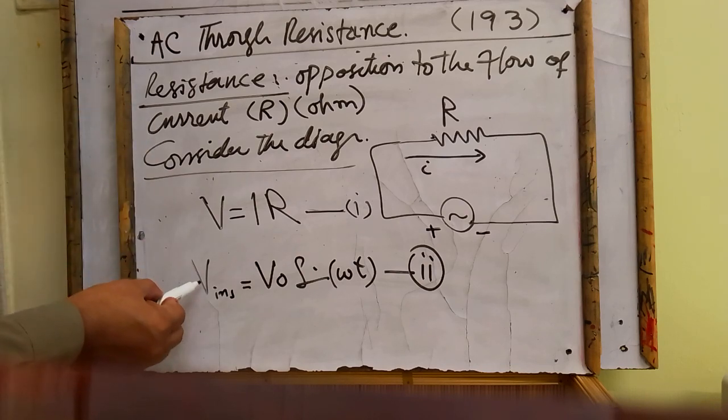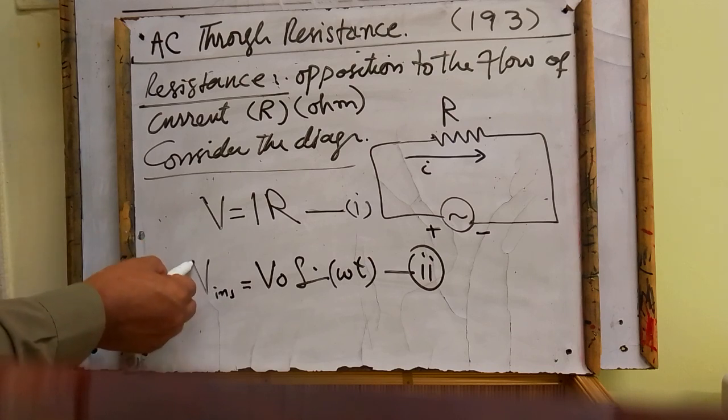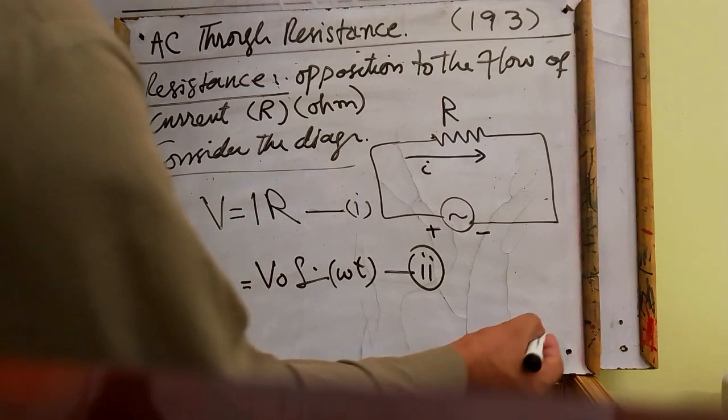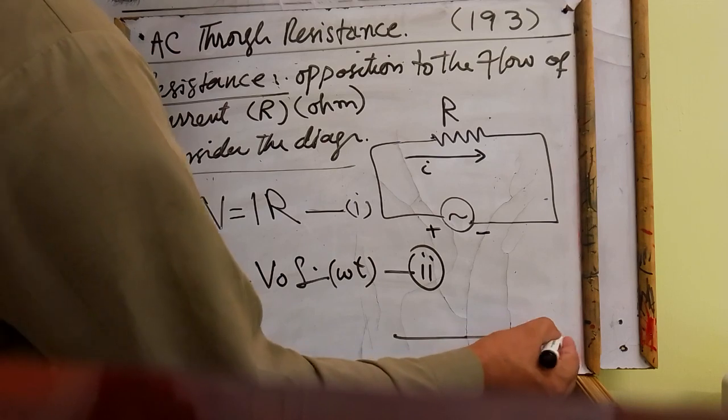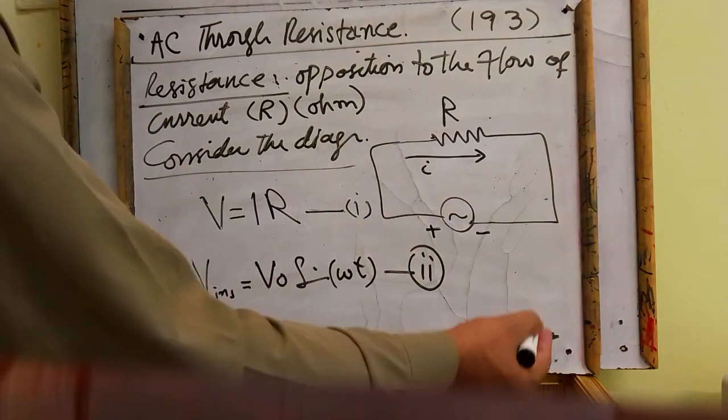As voltage is independent, we can draw the vector showing the voltage along the x-axis, like this. This vector sign here is called a phasor.